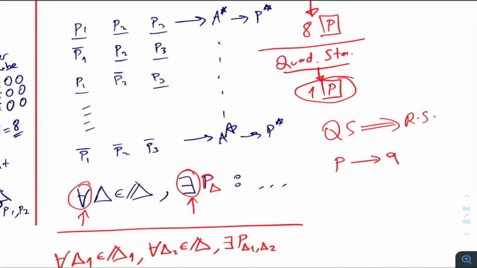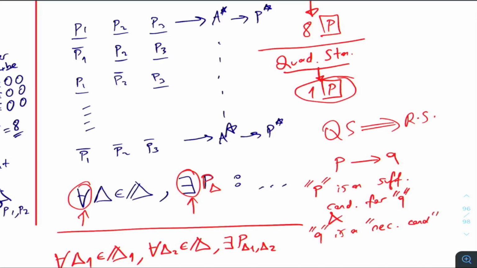Here we can say that P is a sufficient condition for Q, and also Q is a necessary condition for P. I'd like to make that clear.